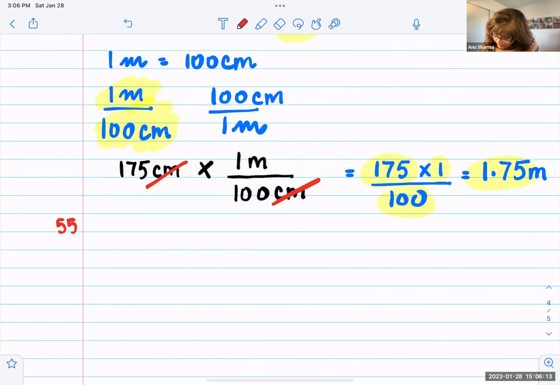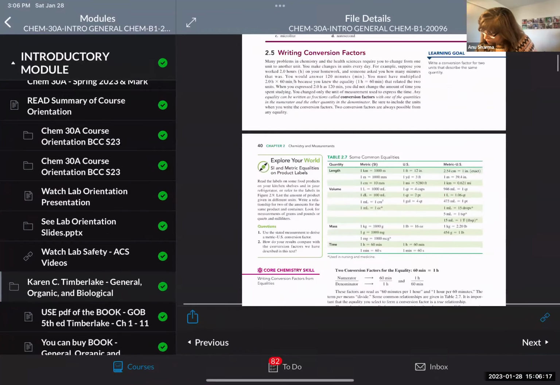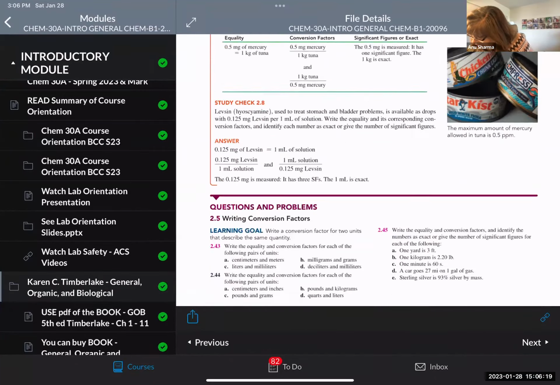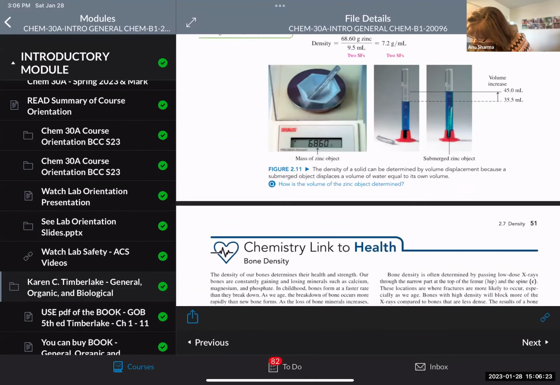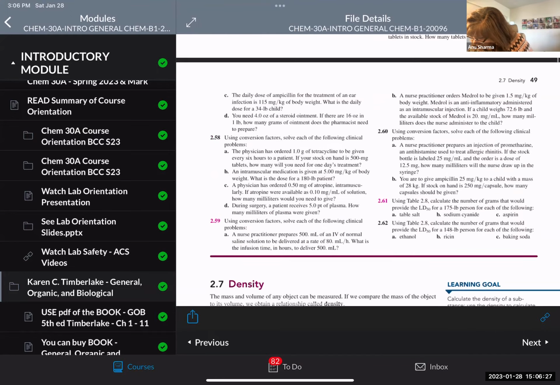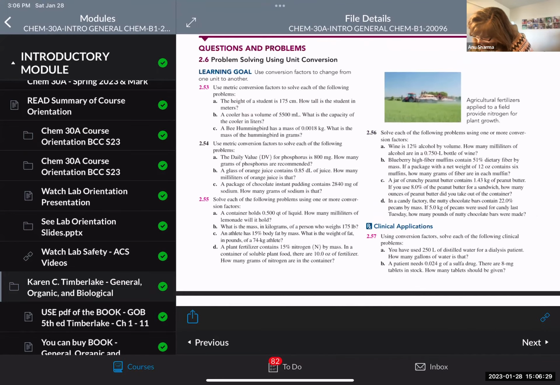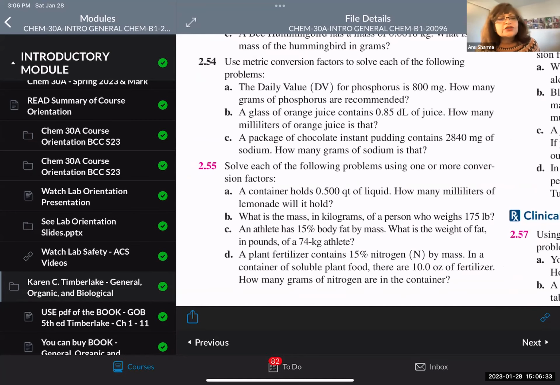All right, here we have problem number 55. Solve each of the following problems using one or more conversion factors.